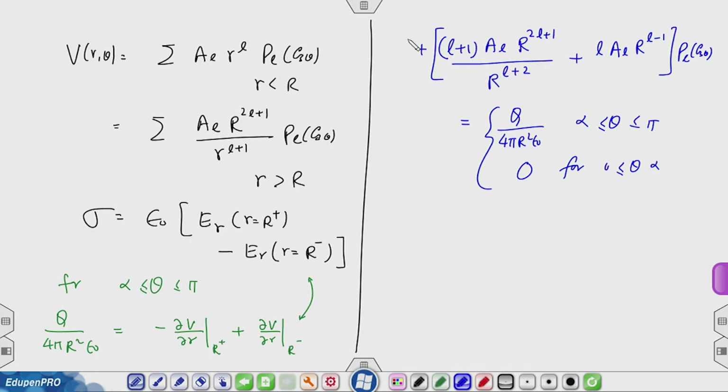And there is a summation L equals 0 to infinity. Now, I know what to do. I will multiply both sides by P_m cosine of theta and integrate with respect to cosine of theta from minus 1 to 1.